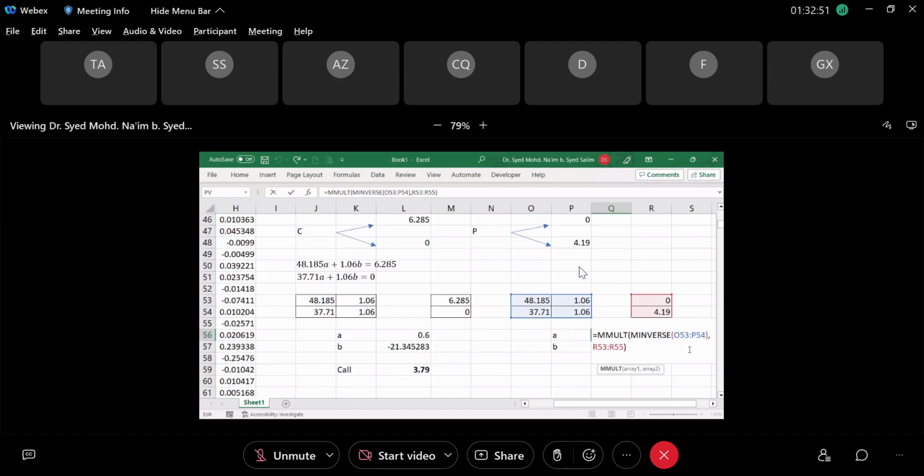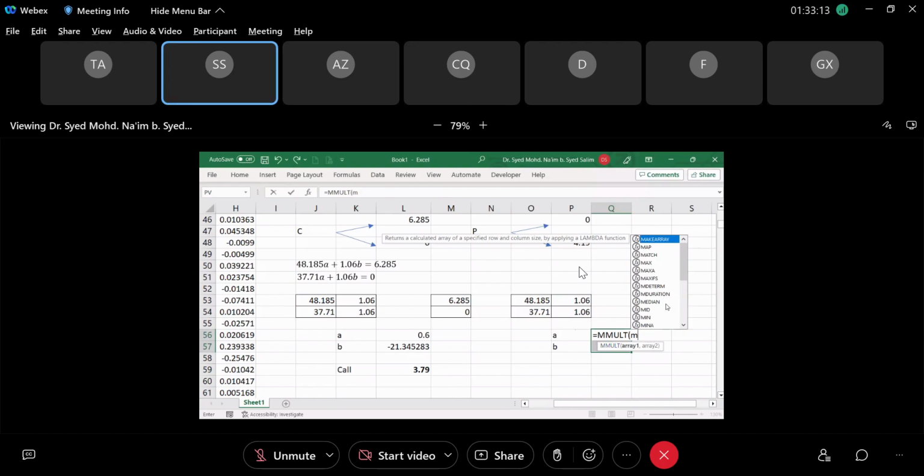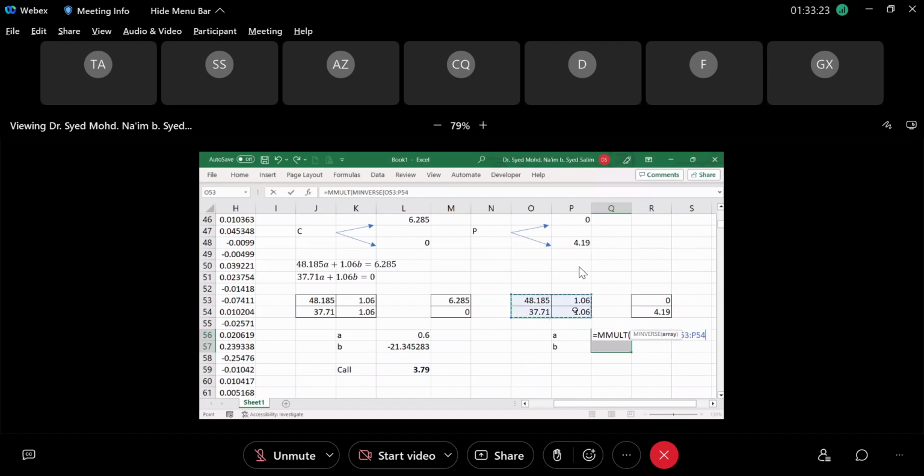Multiplication, inverse of that. So get back to that. Mistakenly, it's probably a matrix multiplication and inverse. Inverse of, and close bracket.